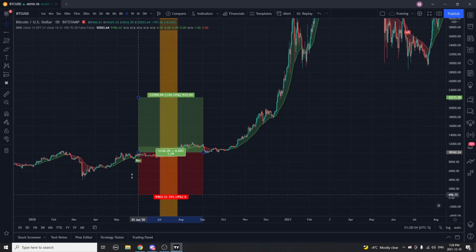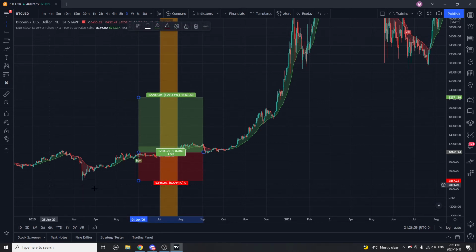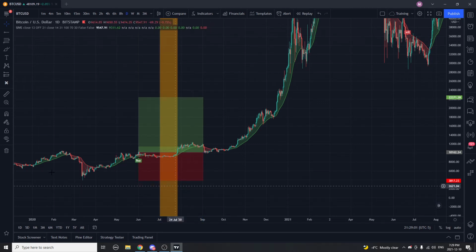Now here, I would define this swing low to be here. You're trading a daily time frame. The Bitcoin market is very volatile, and you don't know the volatility to come. This is June 2020. We don't know that this bull market's about to take off.